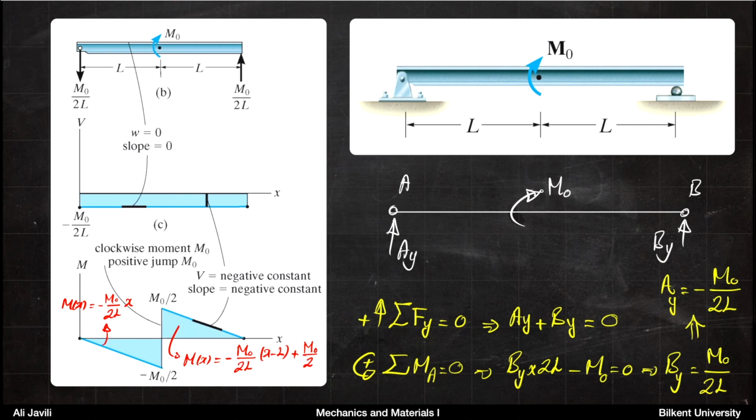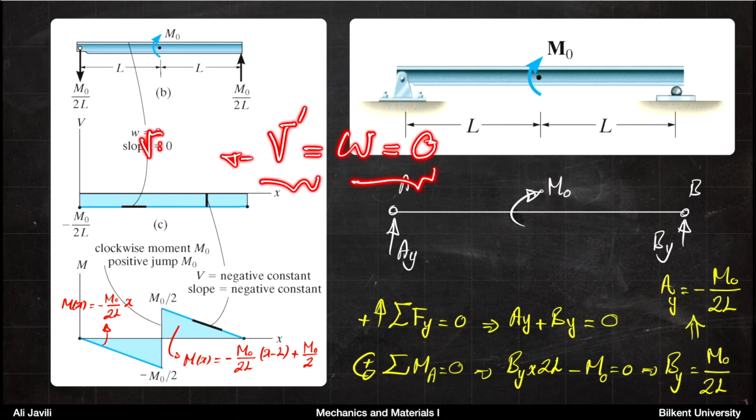Remember again, to draw the shear diagram, the key relation here is V prime equals W. And because there is no external force, W is 0. So there is no distributed external force. W is 0, and therefore V prime is 0, telling you that V must be constant.